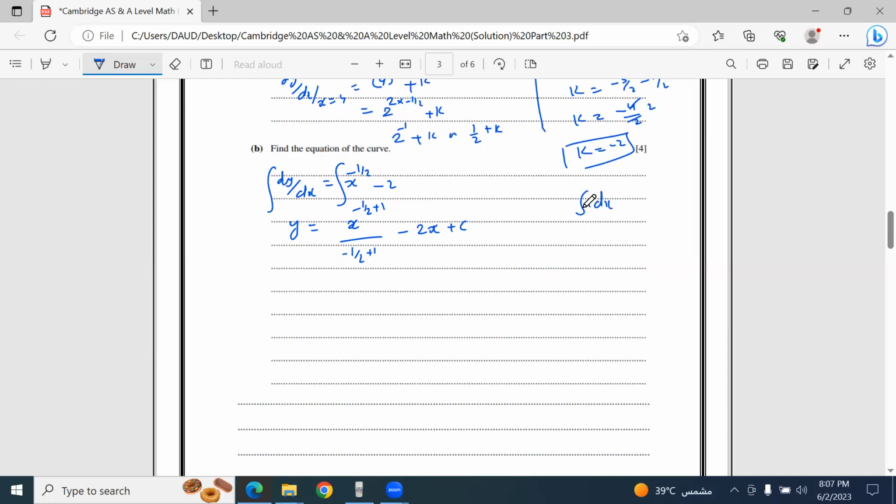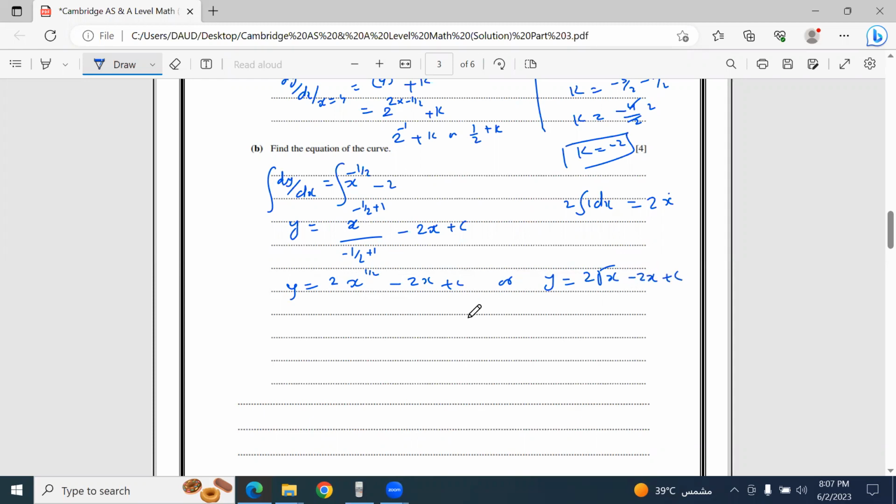Integration of 1 dx is equal to x, so integrating minus 2 gives minus 2x. And next, if you simplify minus 1/2 plus 1, that gives me 1/2. So after reciprocal, it would be 2x power 1/2 minus 2x plus c, or we can say that y is equal to 2 square root of x minus 2x plus c.